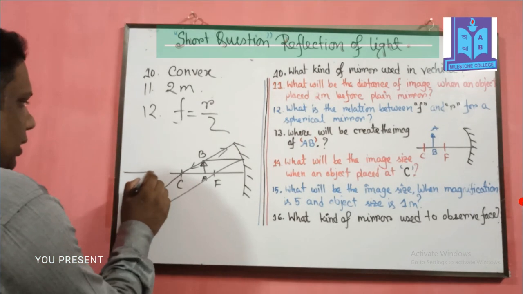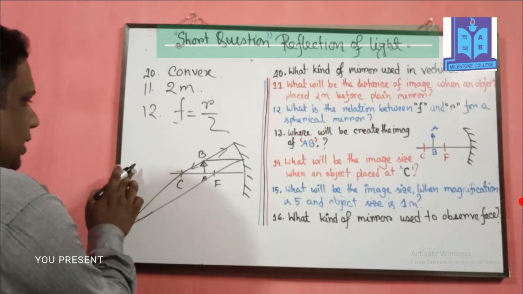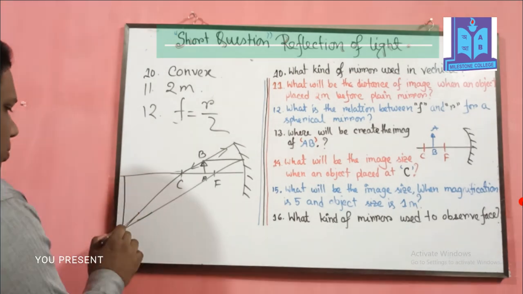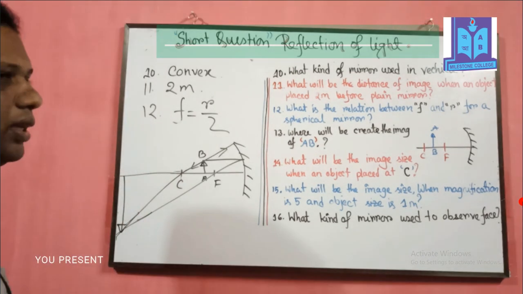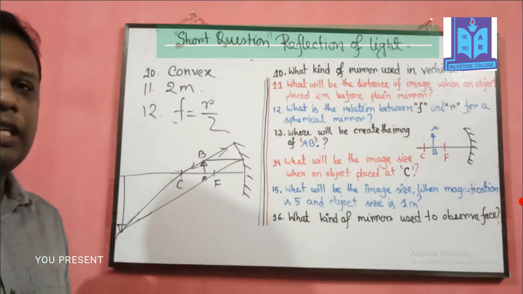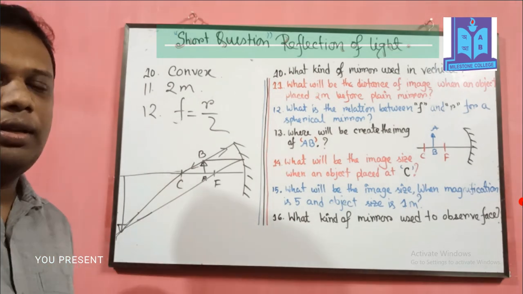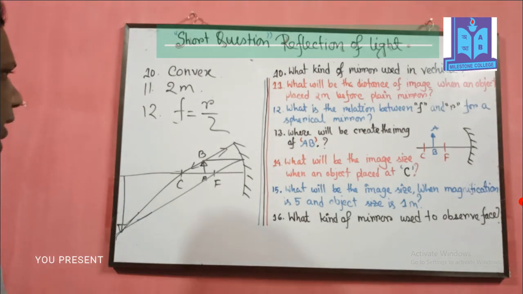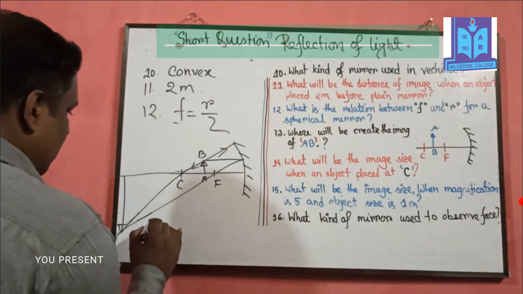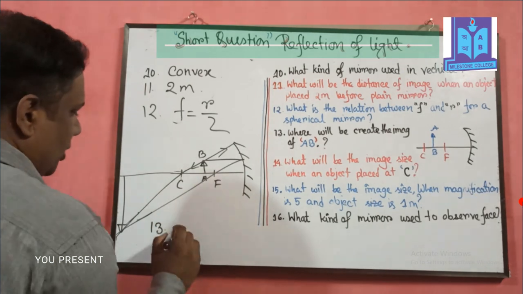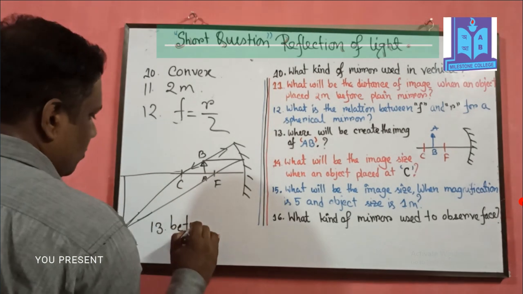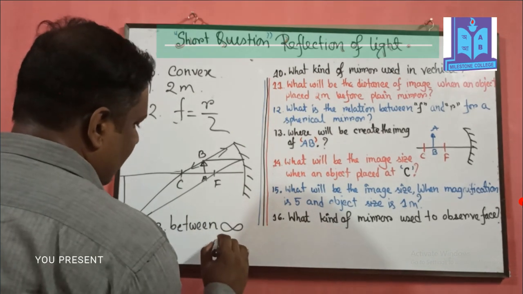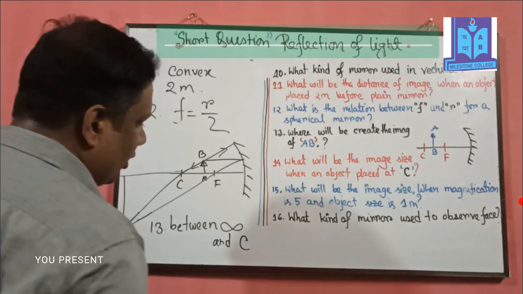Then we can notice that after reflection the image will create in between infinity and center of curvature. So the answer will be 13, between infinity and center of curvature C.